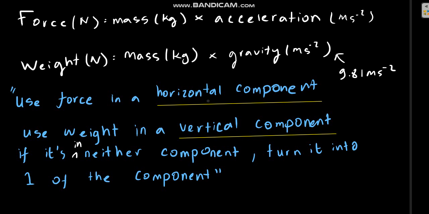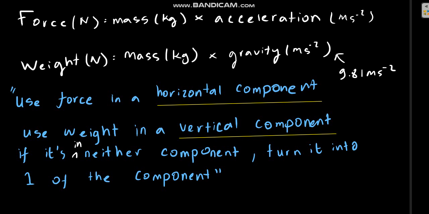So what's the difference actually? Gravity has a constant of approximately 9.81 meters per second squared, because gravity is pulling downwards, not sideways.